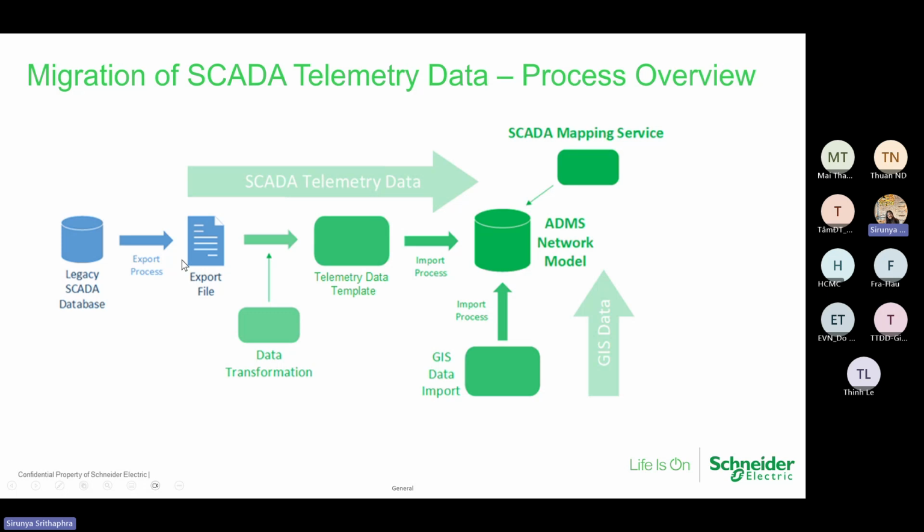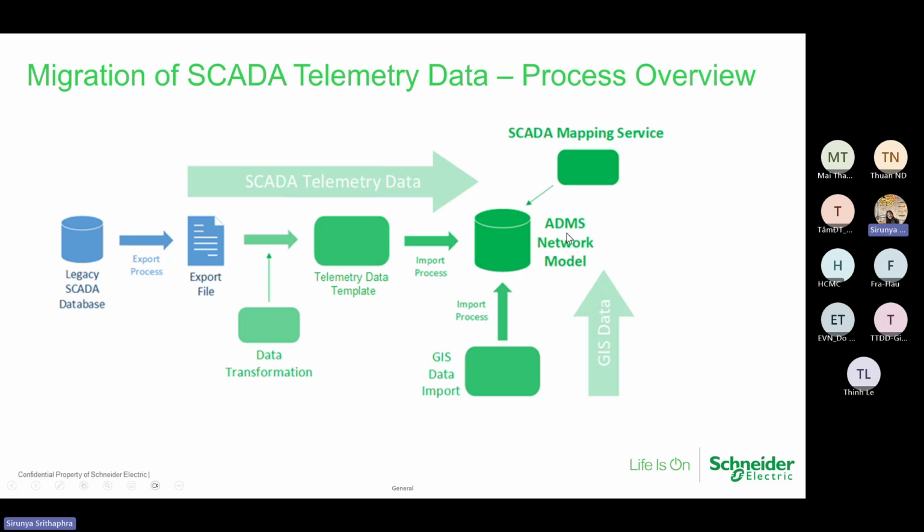After that, we will make it into our template, which I told you we call the TDT file. It will be a CSV file. After we populate it, we will import it into the ADMS network model and map it in our system.